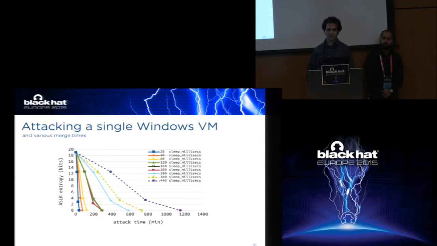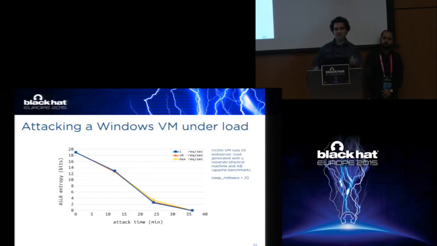You might come back and tell us that this is a lab environment test, and this doesn't work in the real world where you have lots of noise and lots of requests coming to your VMs. So we did another experiment to verify that. Here you can see an example of a web server that is serving a number of requests. We changed the number of requests sent to this server.